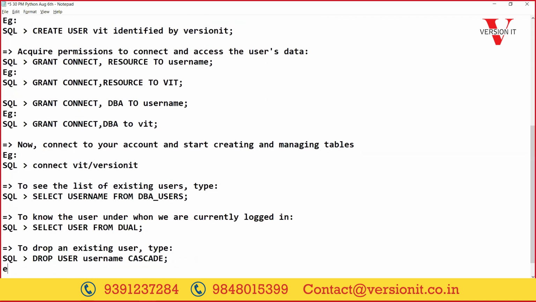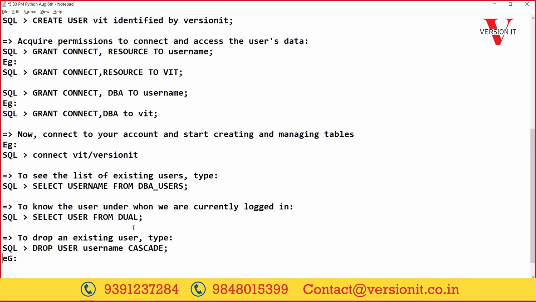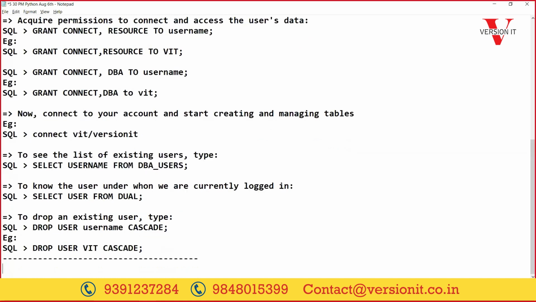Generally, when we use cascade, any dependencies that are there will be removed. So drop user VIT cascade, something like this. Creating a user, dropping the user, like that we can do.